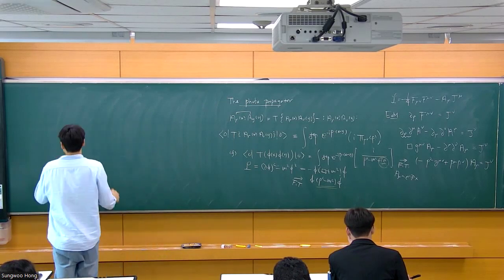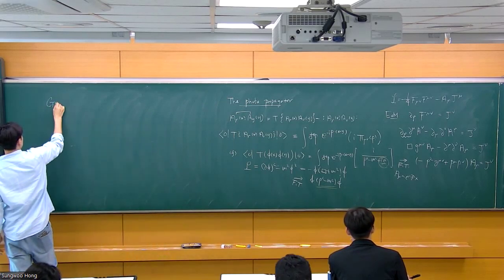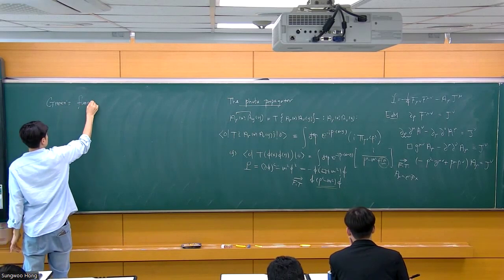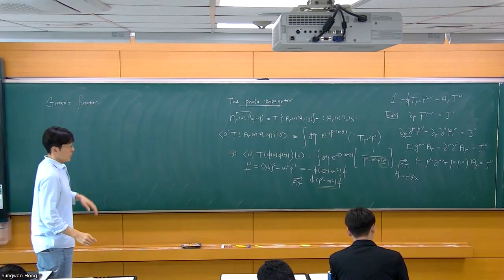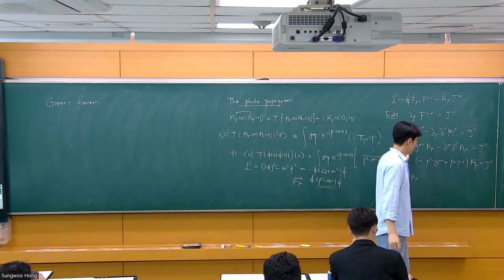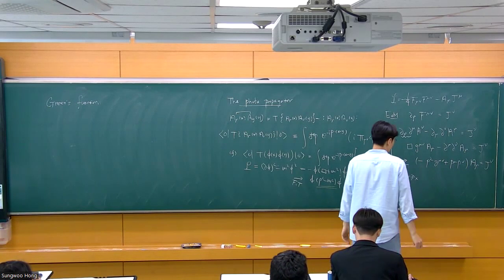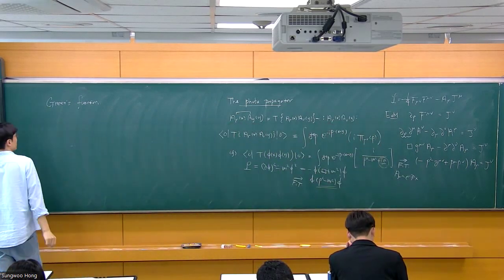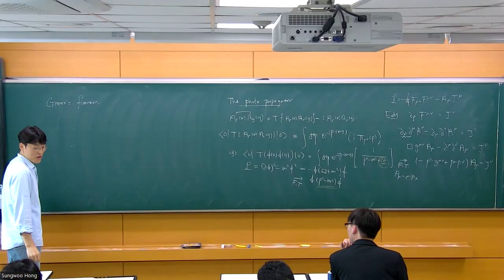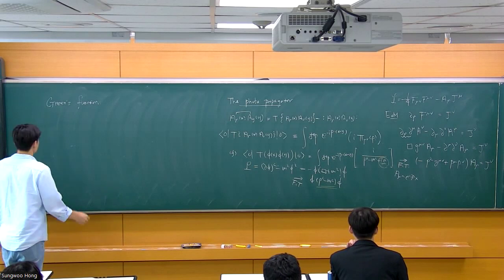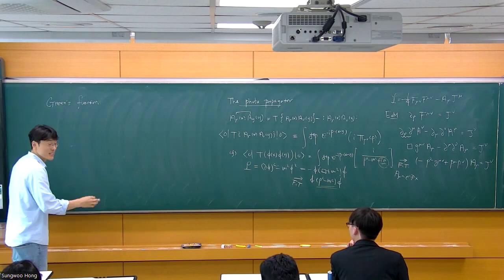Now, the Green's function is defined as follows. Given this differential operator, what is a good notation for a differential operator? Is there a conventional notation? No, so that means I can do whatever I want.